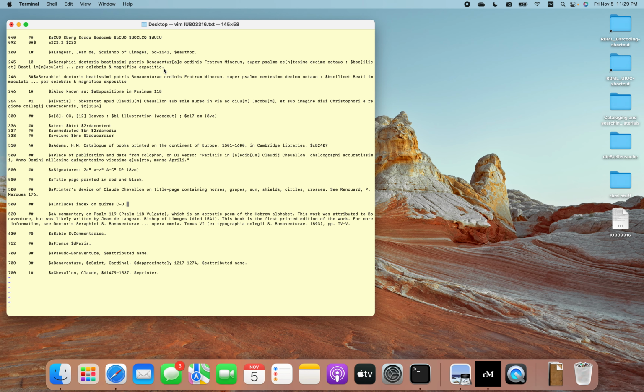If they said magna exposito a bonaventura, then you would have the C, but there's no C. Technically this is the statement of responsibility, but since it's an essential, grammatically inseparable part of the title, we transcribe it as part of the title, and we end up getting that in the 100 or 700 field anyway, so we're not losing anything.